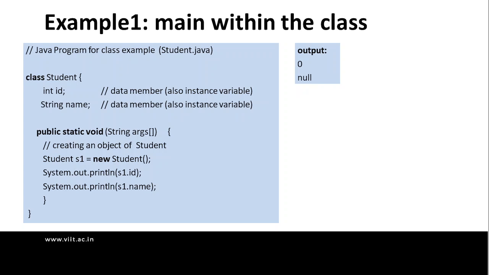So that class is Student. These are member variables like integer id, string name. These are the data members, also instance variables.